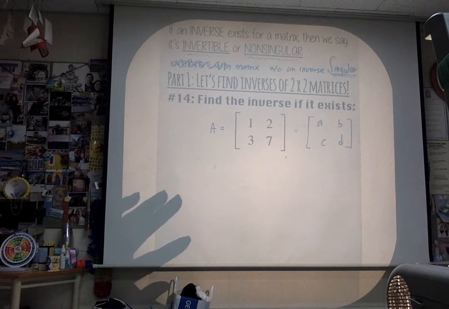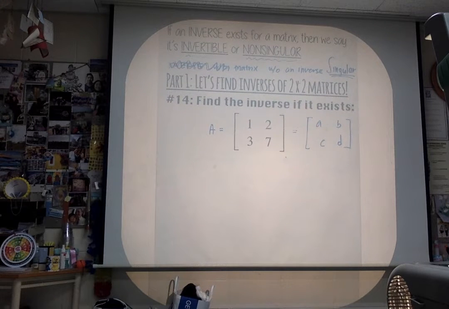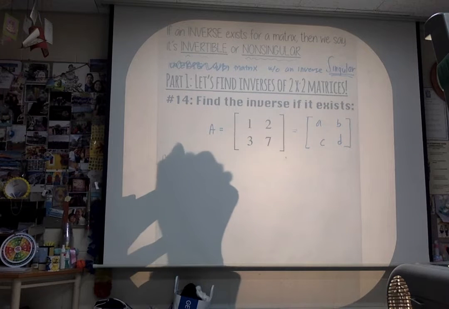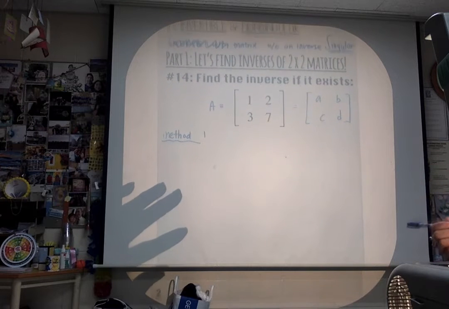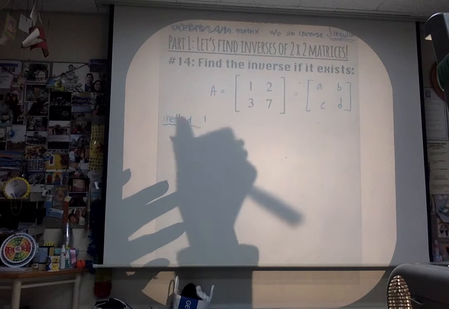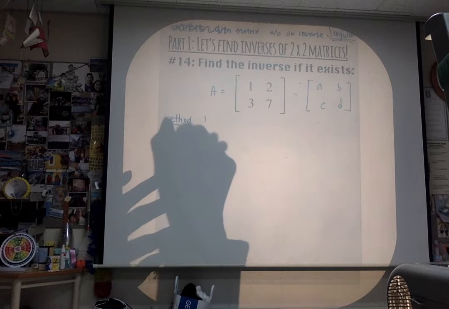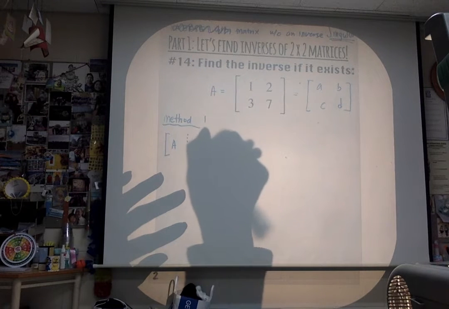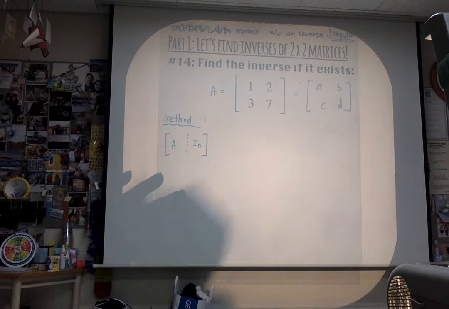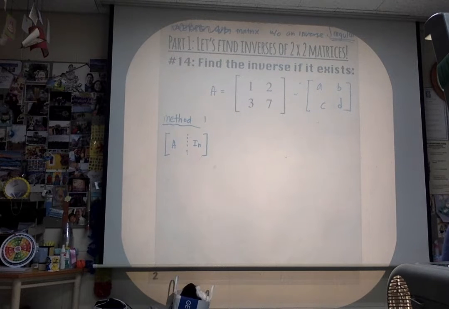All right, I'm going to show you 2 methods. I know you're going to like one way or the other better, okay? I'm going to show you method 1, the way that you kind of know. You already know how to do this, really. This first method goes like this. You're going to take A, your original matrix, and you're going to form an identity matrix. What does that mean?